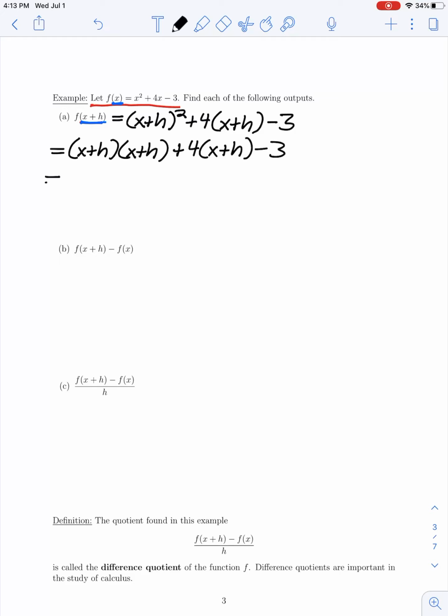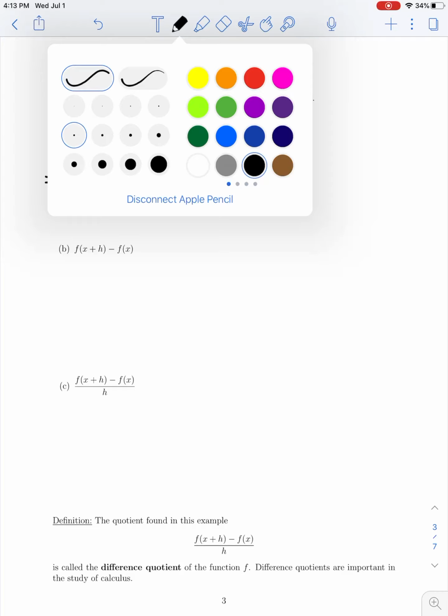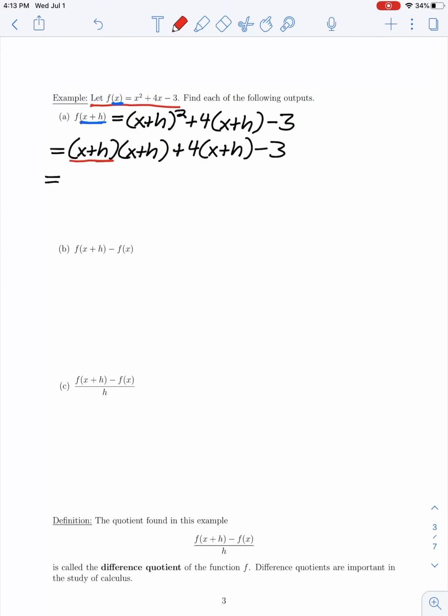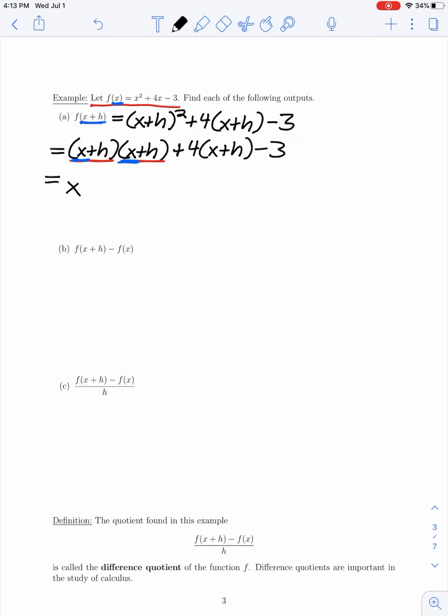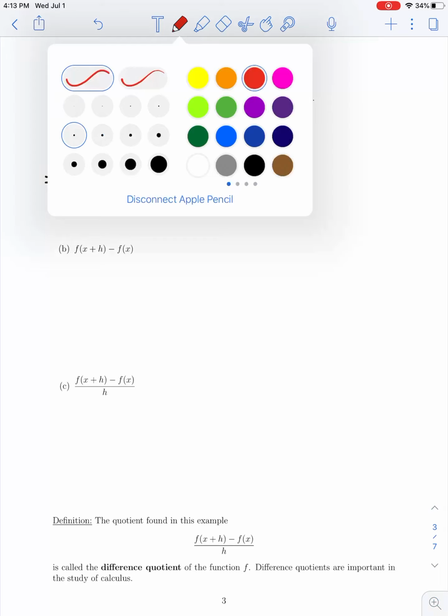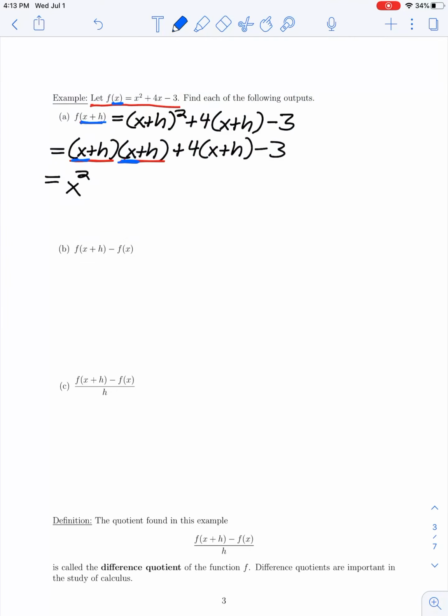So let's keep simplifying. The product of x plus h with itself, we can expand as follows. So we would first take the product of our first two factors, that is x times itself. So we would have x squared. Then we take the product of the outer two factors, that is x times h.